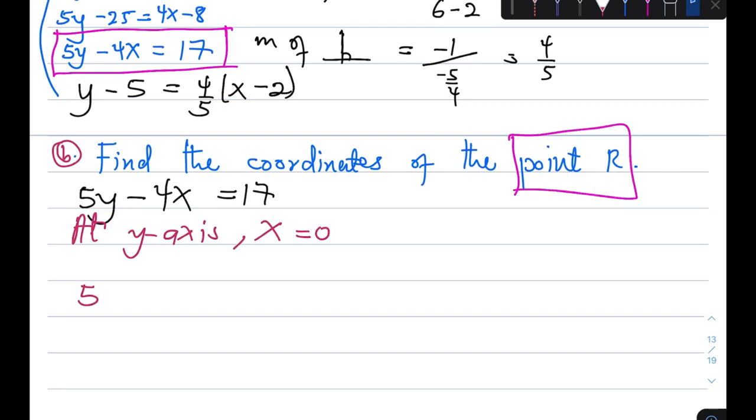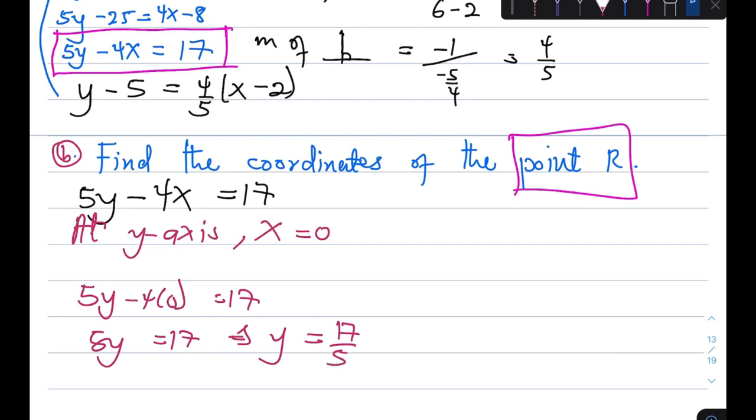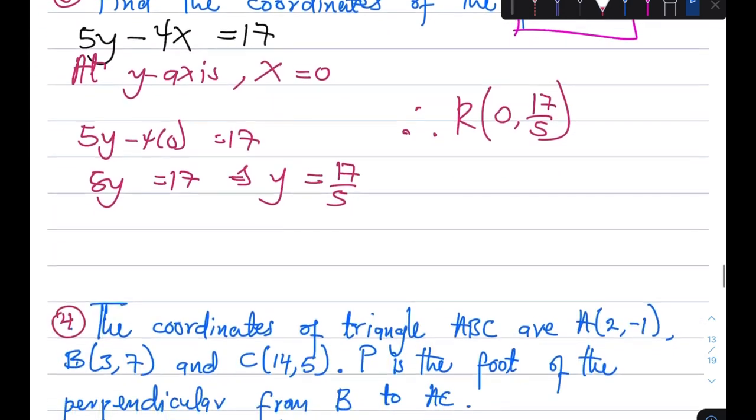Therefore, we have 5y minus 4 into 0 equals 17, giving 5y equals 17, which implies that y must be 17 over 5. Therefore, your point R will have the x coordinate 0 and the y coordinate 17 over 5. That is how we go about it.